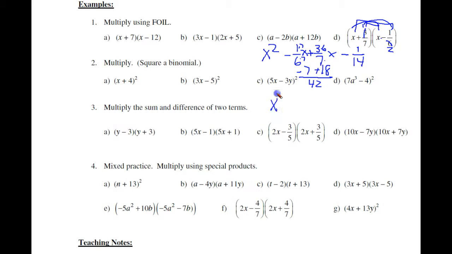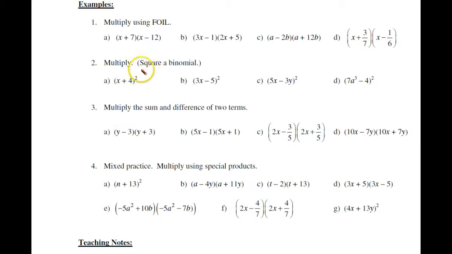So x squared plus 11/42 minus x, don't forget the x, yes, x here, minus 1/14. Wow. And that is correct. Again, that was a pretty challenging one here.